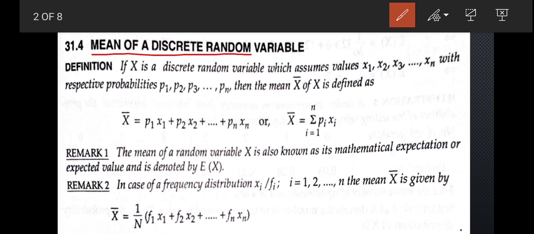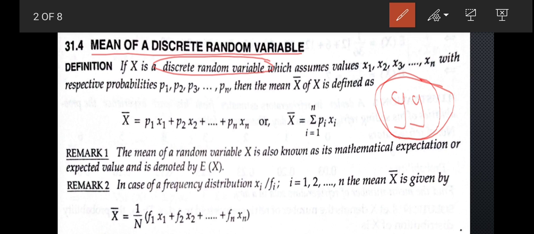Mean of a discrete random variable. Discrete means a particular number. Suppose I ask who has secured 99 marks in mathematics, I have asked for a particular number. That is known as discrete.